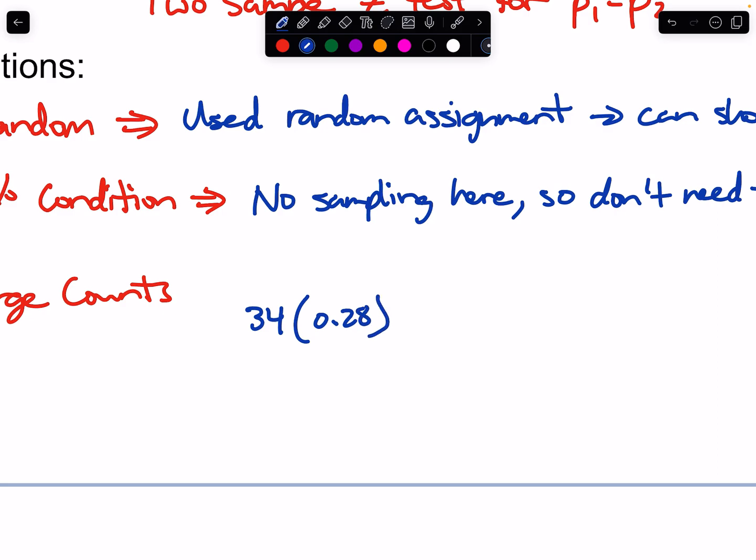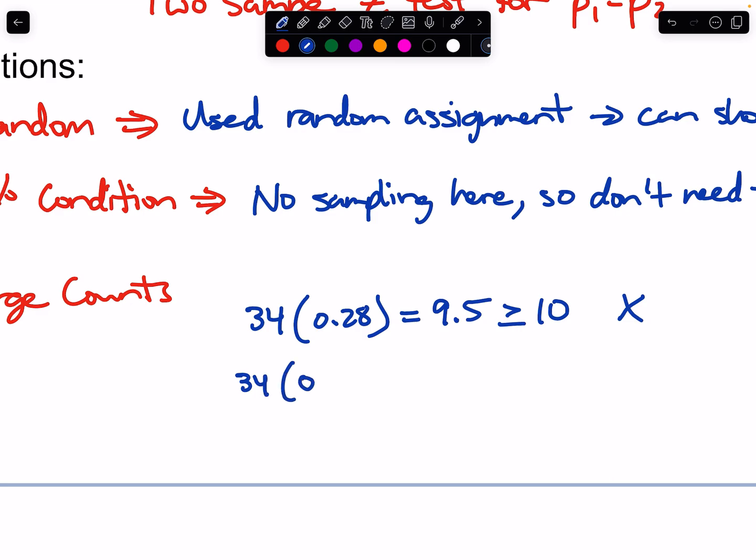If we multiply that, that's about 9.5. And is that greater than or equal to 10? Unfortunately, no.